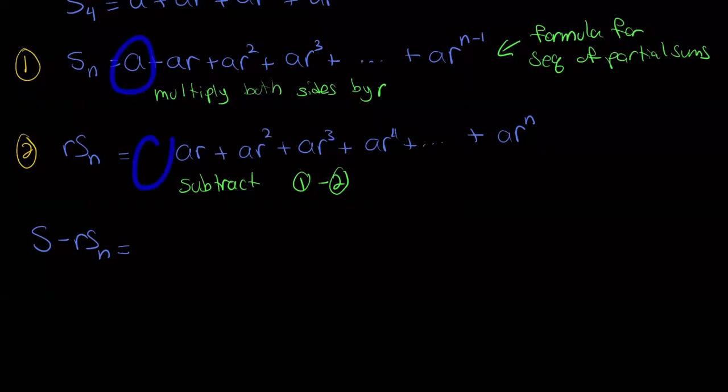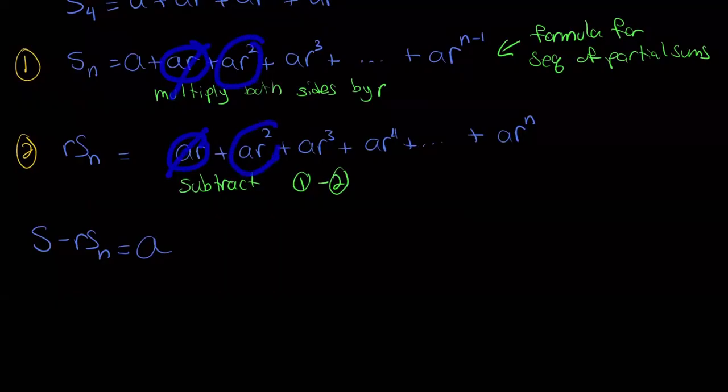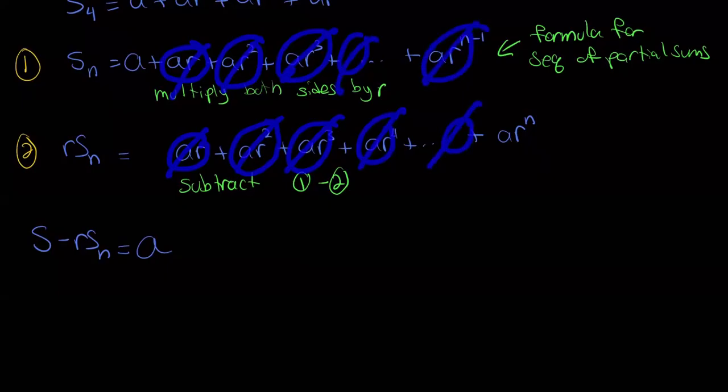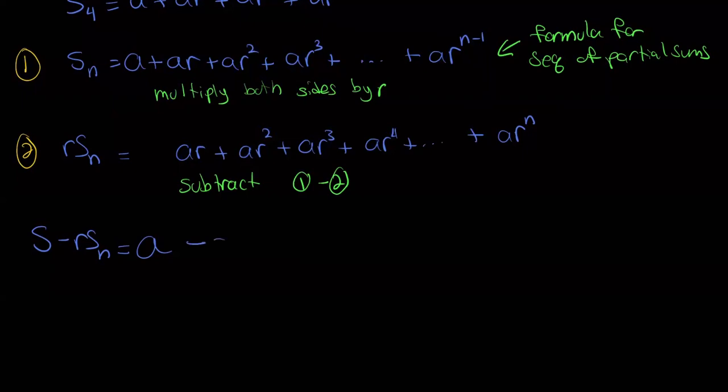So now I have a minus nothing, which is a. And then I have ar minus ar, which is gone. And then ar squared minus ar squared, which is gone. And then ar cubed minus ar cubed, which is gone. And ar to the 4th minus ar to the 4th, all the way down to ar to the n minus 1 is gone. And it looks like the only one that's left is that minus ar to the n.